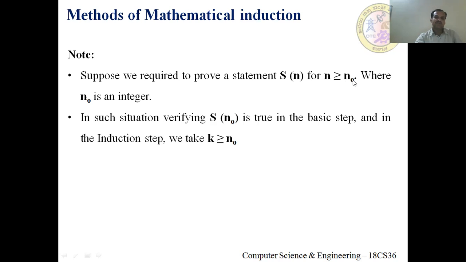Suppose your problem starts from n greater than or equal to 6, then we need to assume the basic step as n naught equal to 6. Then in the induction step, we assume n equal to k, but that k should be greater than or equal to n naught. Suppose n naught is equal to 6, then the next value of k is 6 plus 1, one more than 6, that is k equal to 7.